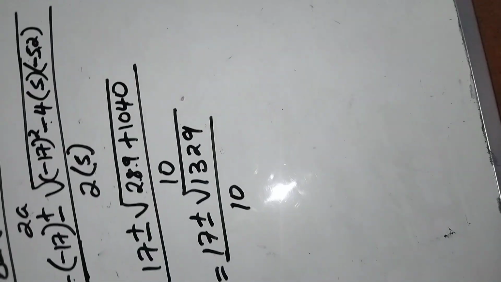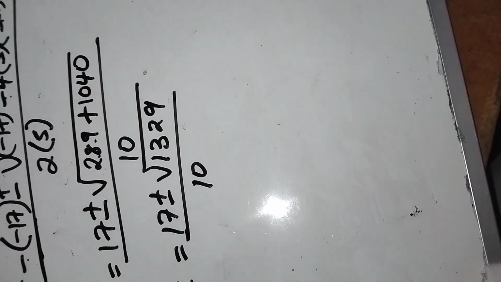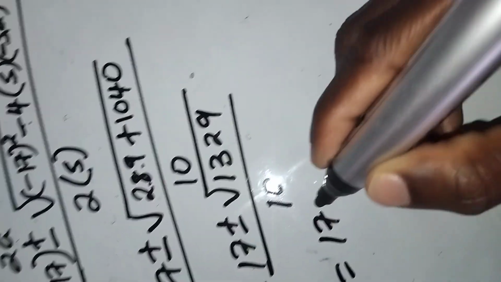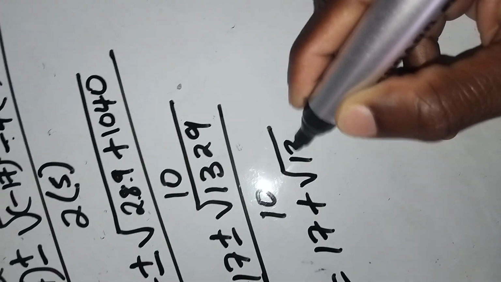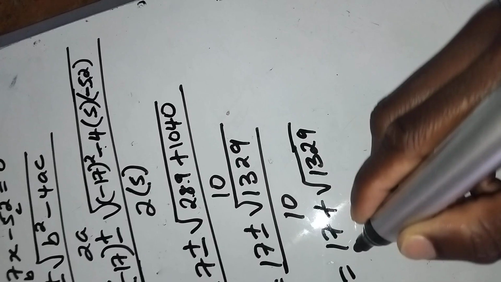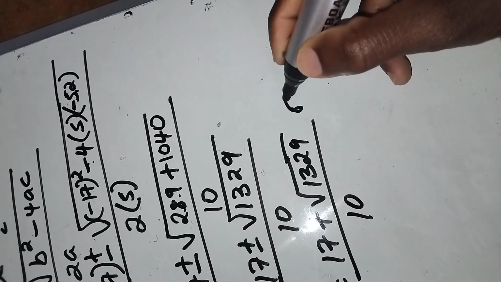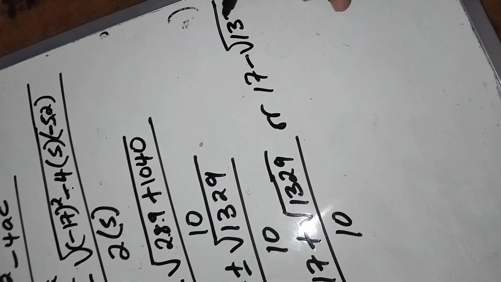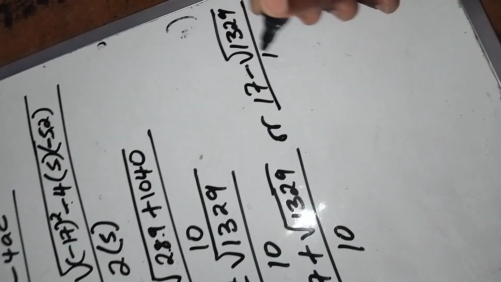The plus or minus means one answer with plus and one with minus, so x is equal to 17 plus the square root of 1329 over 10, or 17 minus the square root of 1329 over 10.